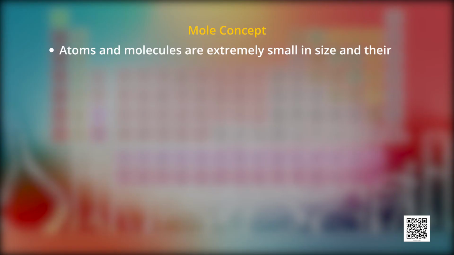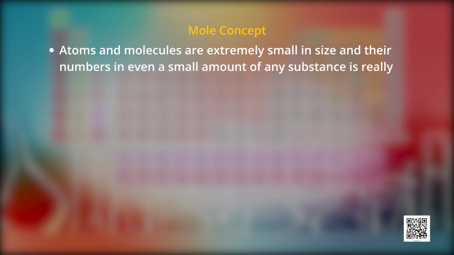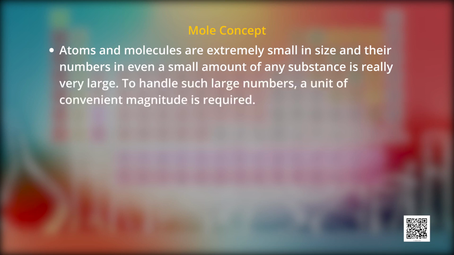Similarly, 144 items are present in 1 gross. Now we will use this idea of mole to count entities at the microscopic level. Atoms and molecules are extremely small in size, and their numbers in even a small amount of any substance are really very large.